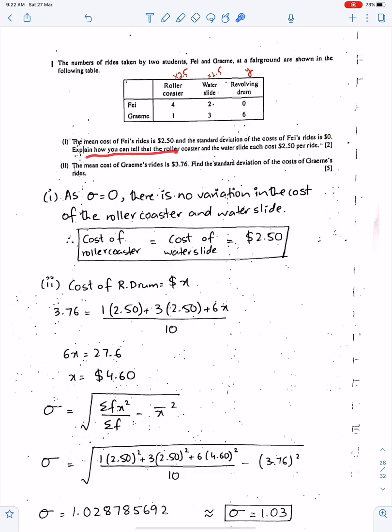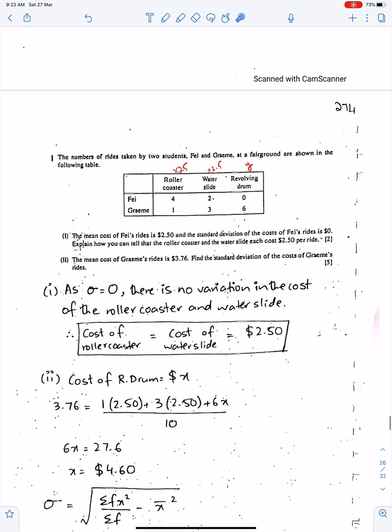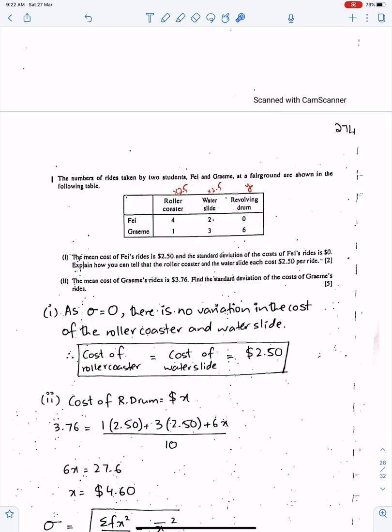Explain how you can tell the cost per ride is the same. Since standard deviation is 0, all observations are the same. Therefore the cost of all rides must be the same. Let me write this here as well.